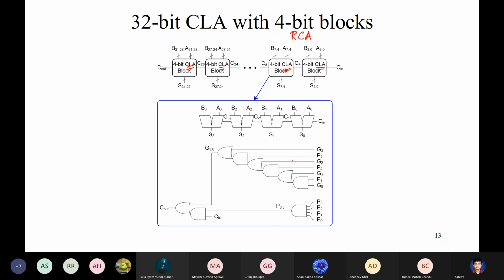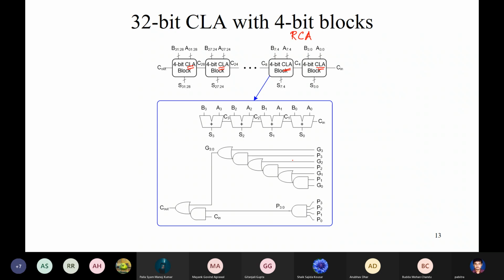Right. So if you have blocks, this is sometimes called a block carry look ahead adder, or carry look ahead adder with blocks. We are constrained by the number of fan-ins we can have.